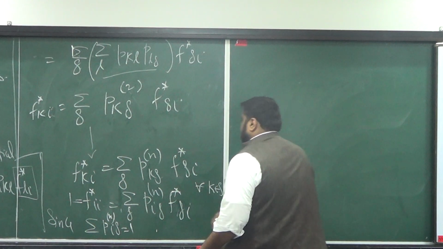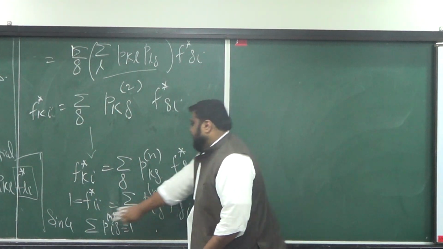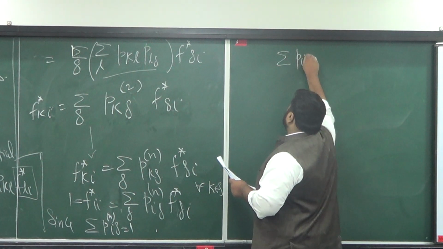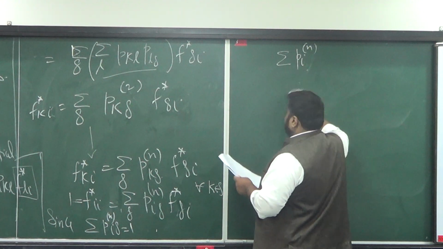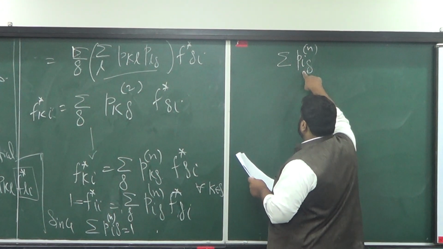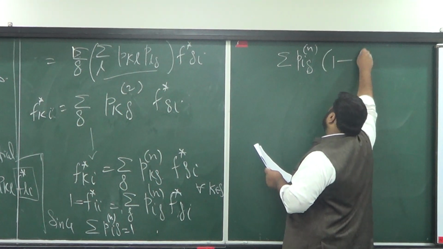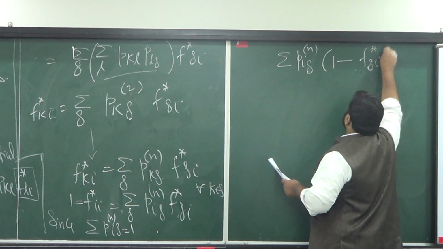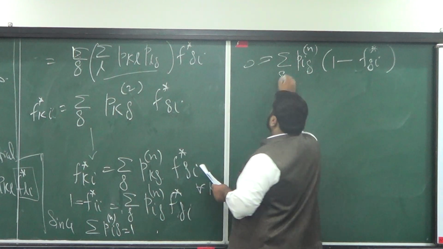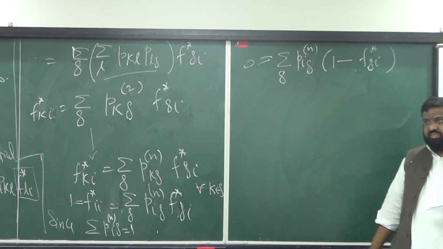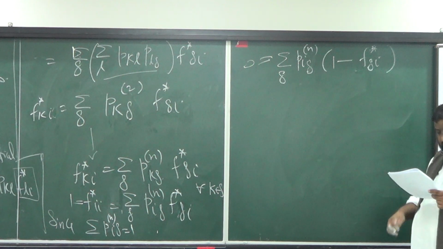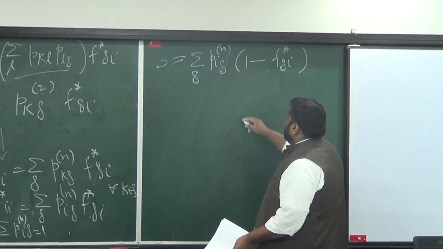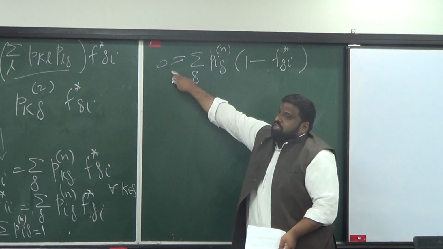If I substitute this here and then bring the sum to the other side, I'm going to get P_ij, reaching from I to j in n steps, times 1 minus F star Gi, and this goes to 0, where the sum is over Gi. So this series is going to 0.